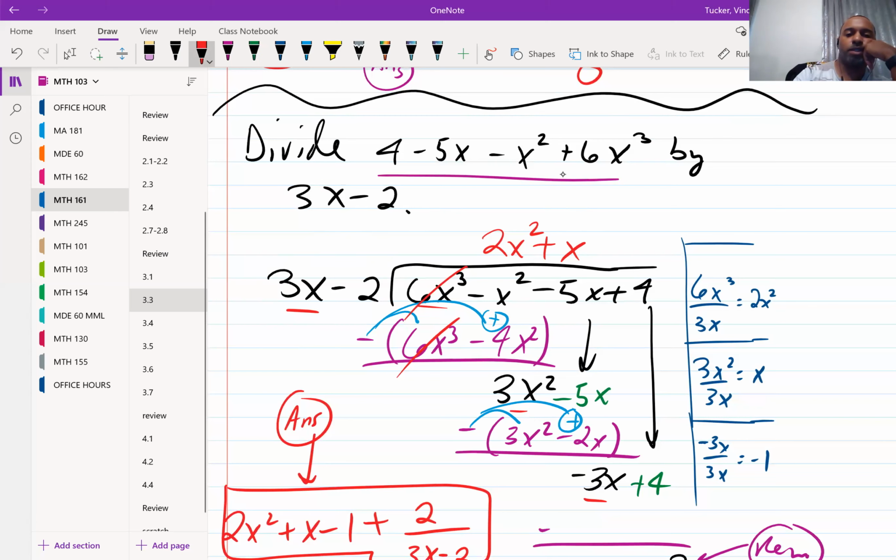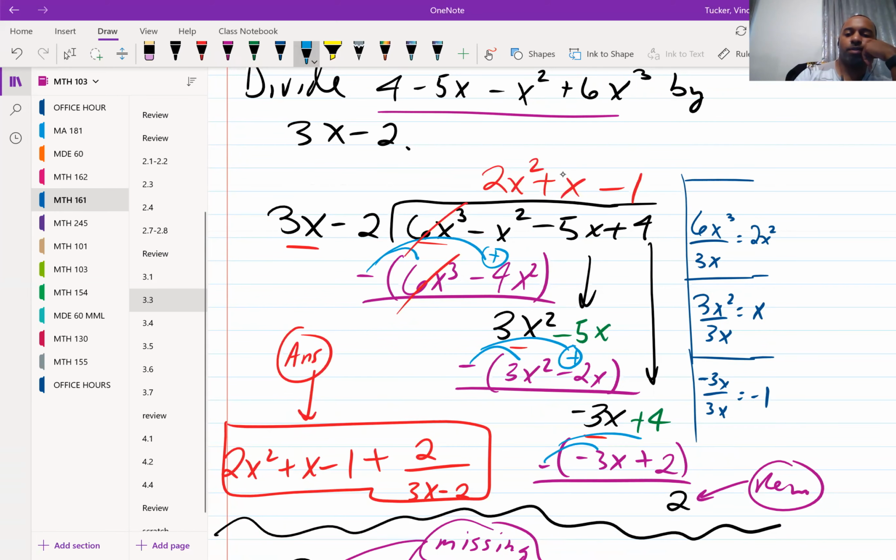Compare first terms in each again, 3x and negative 3x. That'd be negative 1. Take that negative 1, multiply it to both. So that'd be negative 3x plus 2.